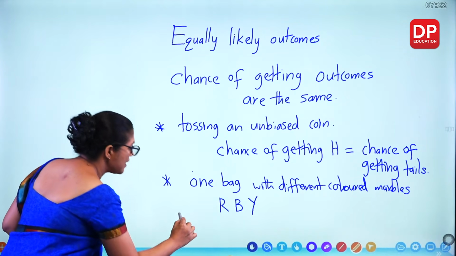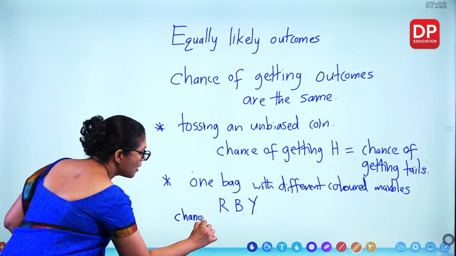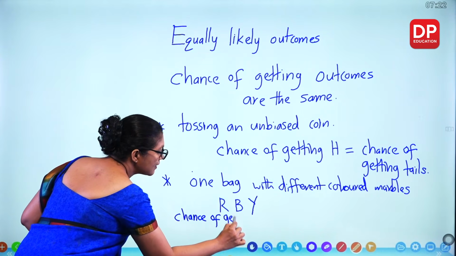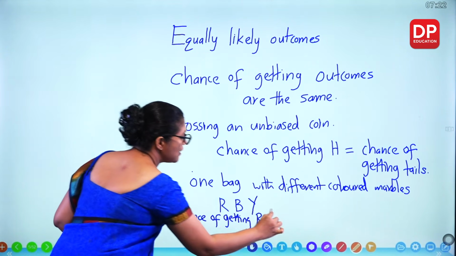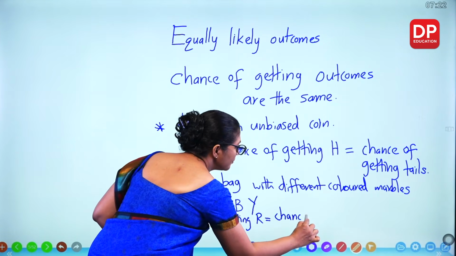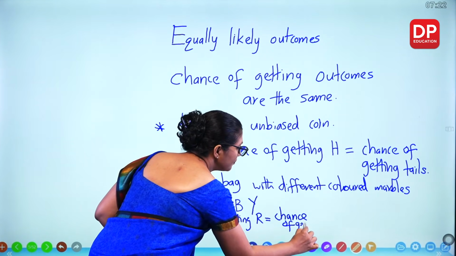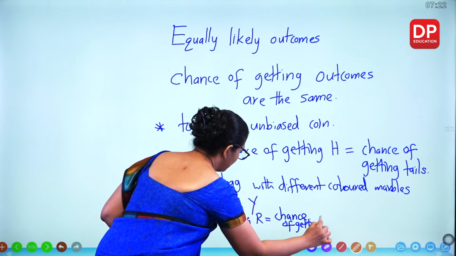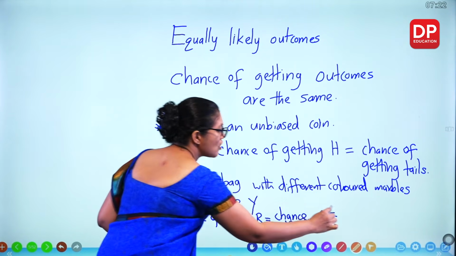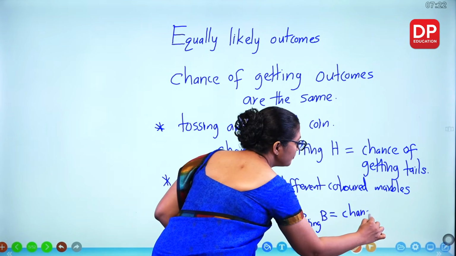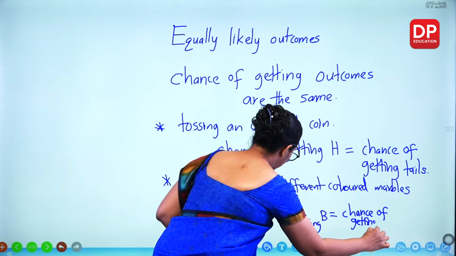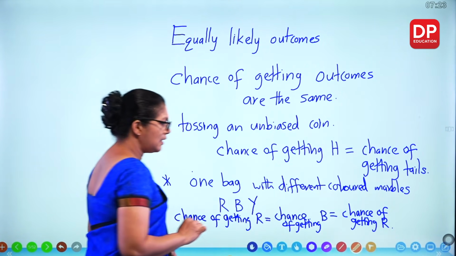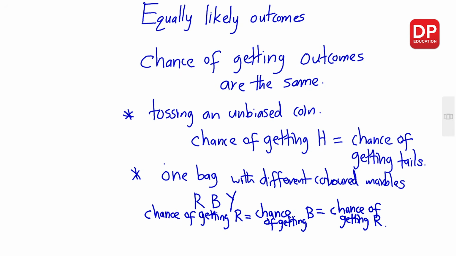So I can write chance of getting red one is equal to the chance of getting blue one is equal to the chance of getting yellow color marble. We call these equally likely outcomes.